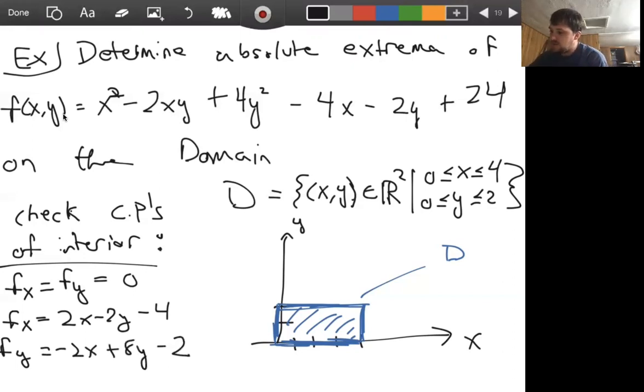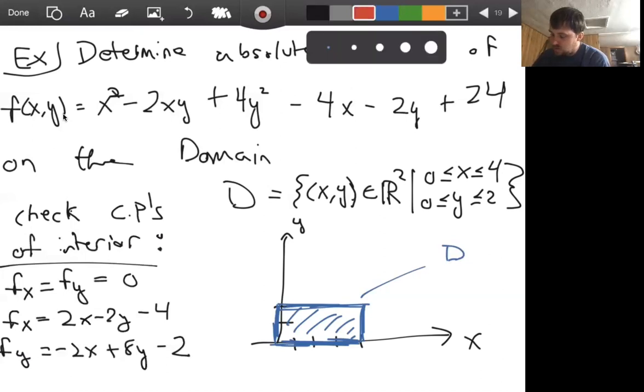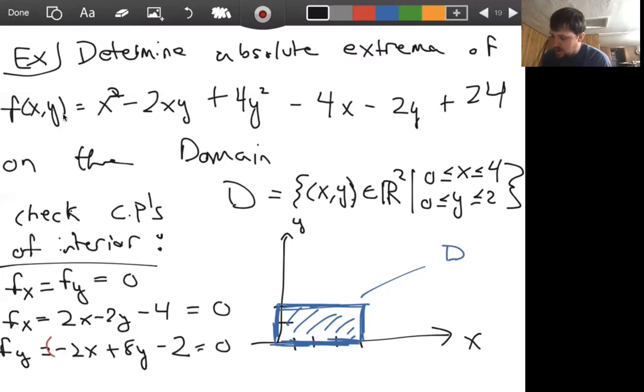Okay, so we can do our elimination technique. We're setting these both equal to 0. In this case, let's add the bottom to the top. What does this give us? This gives us 0, and then negative 2 plus 8, so plus 6y, and then negative 4 minus 2 is negative 6.